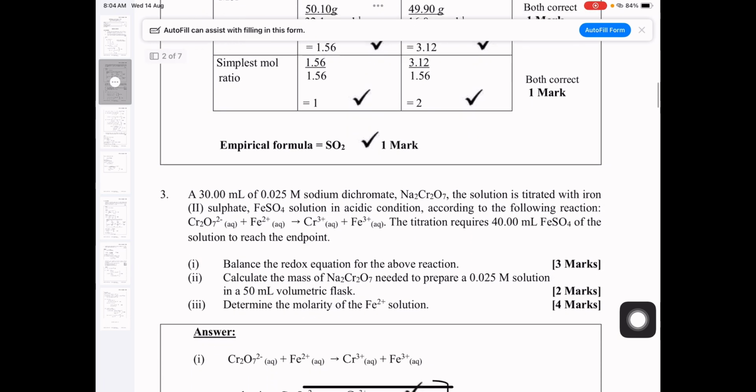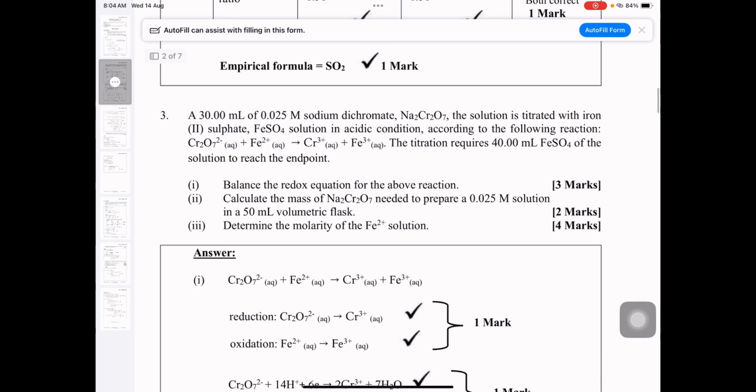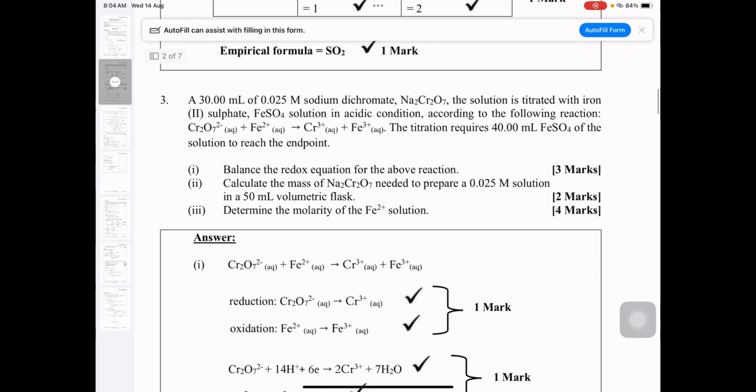Okay, for question number 3, so this is balancing redox equation. 30 ml of 0.025 molar sodium dichromate solution, titrated with ferrous sulfate, and then given the following redox equation, the titration requires 40 ml ferrous sulfate to reach the end point.